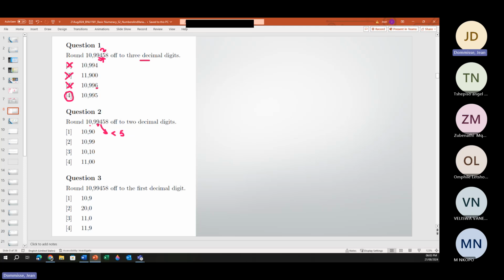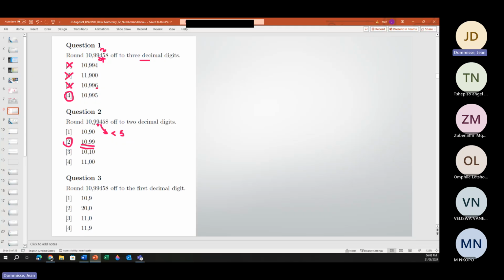So it will stay 10,99. If it was 10,995, we would have rounded it up, and then our answer would have been 11. So if that was just a 5, our answer would have been something different.